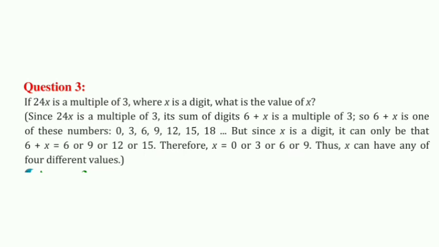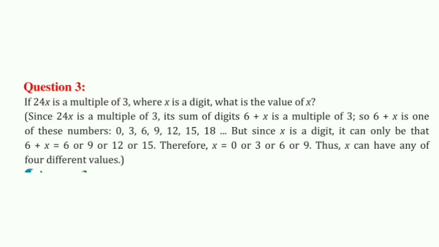But since x is a digit, it can only be that 6 plus x equal to 6 or 9 or 12 or 15. Therefore, x equal to 0 or 3 or 6 or 9. Thus, x can have any of 4 different values.